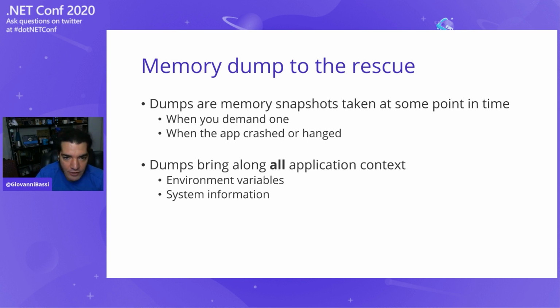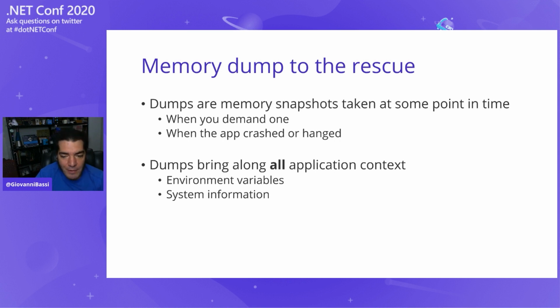You can take this snapshot on demand, by running an application that takes the memory dump for you, or you can trigger it when the app crashes or hangs. You can leave it running for a while, and when the application finally hangs, you get the dump.